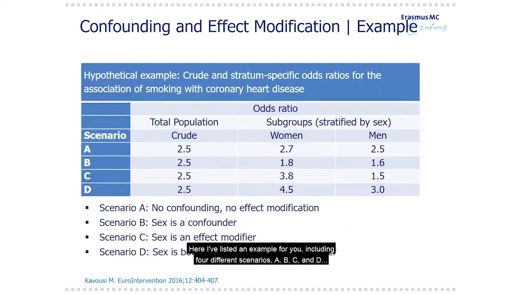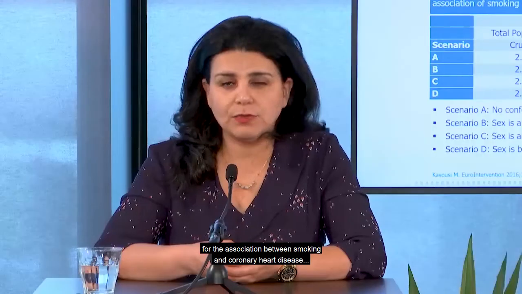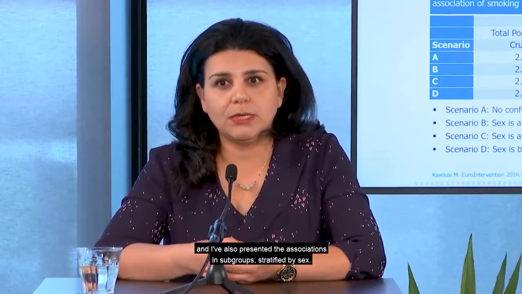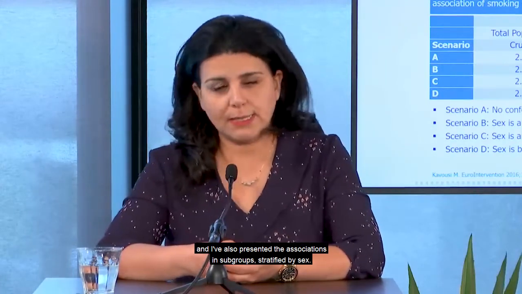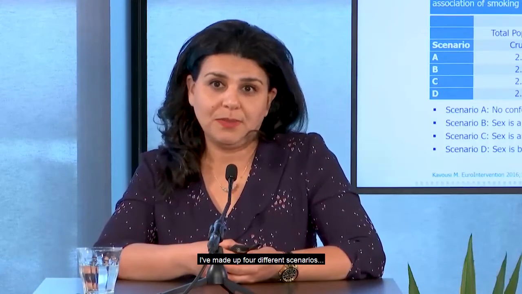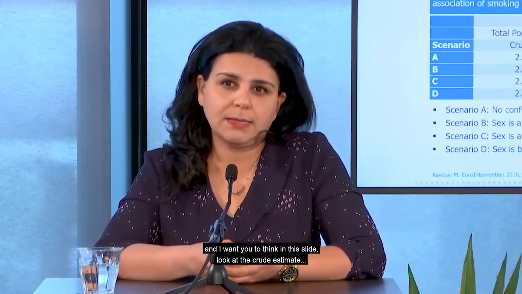Here I've listed an example for you, including 4 different scenarios, A, B, C, and D, where your effect estimates in total population are presented for the association between smoking and coronary heart disease. And I've also presented here the associations in subgroups, stratified by sex. I've made up 4 different scenarios, and I want you to think in this slide.